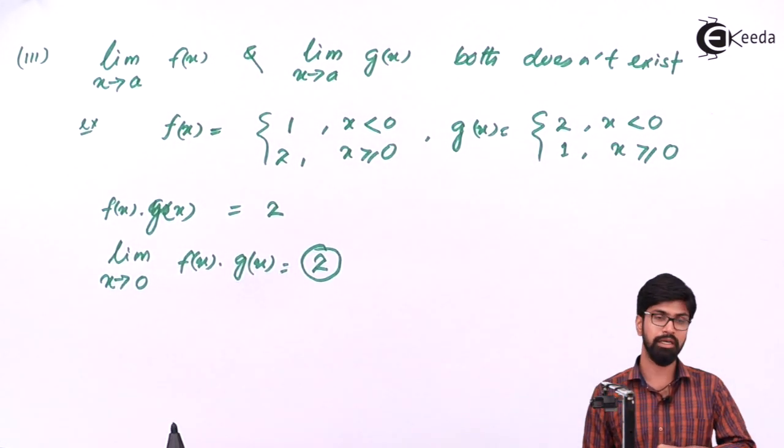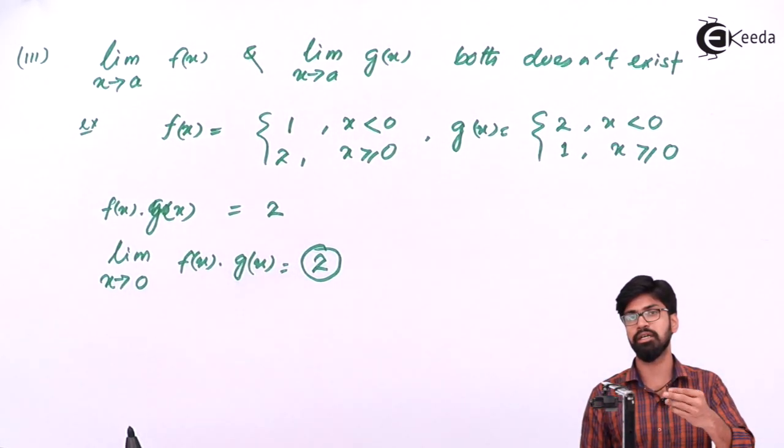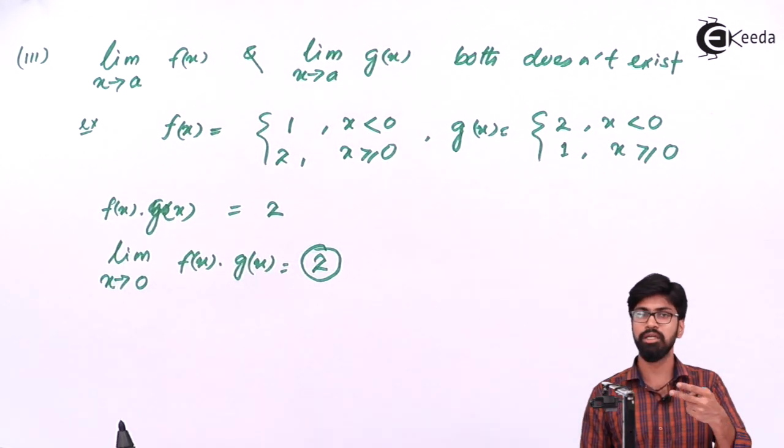So हमने पढ़ा कि जब एडिशन होता है या सम ऑफ टू फंक्शन का लिमिट एग्जिस्ट करता है एट अ सर्टेन पॉइंट, देन टू केसेस आर देयर.